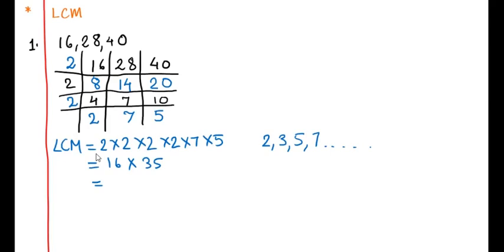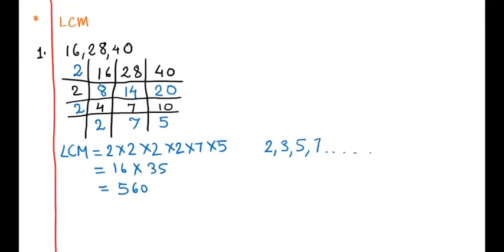So the LCM of these three given numbers is 560. So here we have found out the LCM by using the prime factor method. So you can write down these notes in your CW before the previous notes.